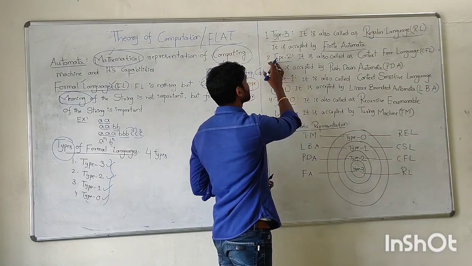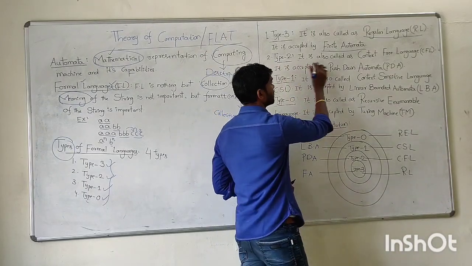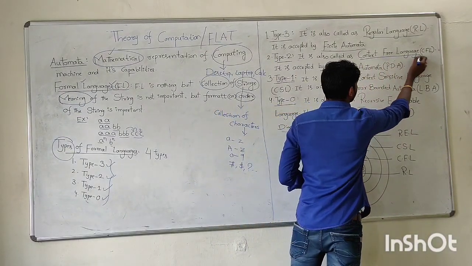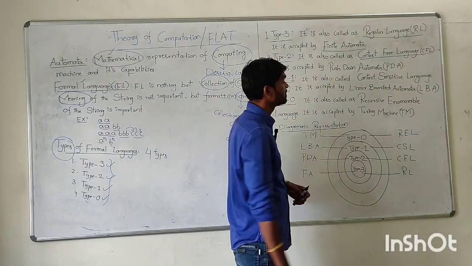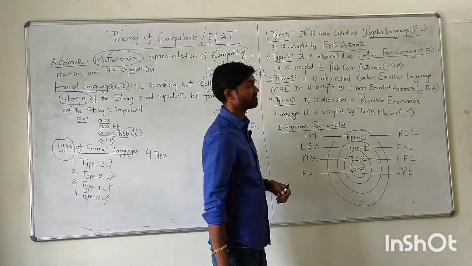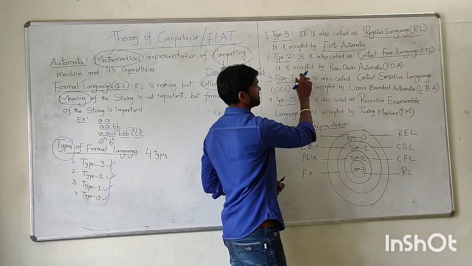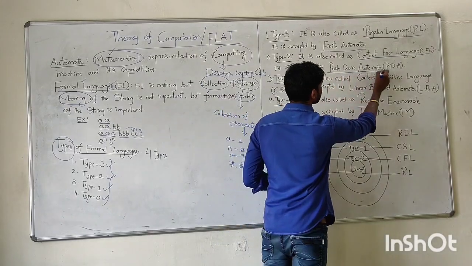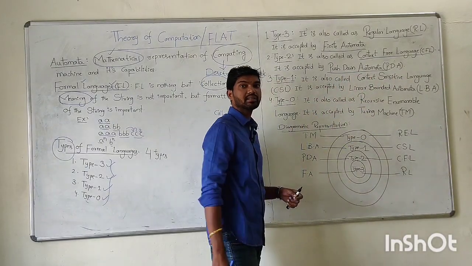Type 2 language is called context free language, CFL, and it is accepted by an automata called push down automata, PDA.